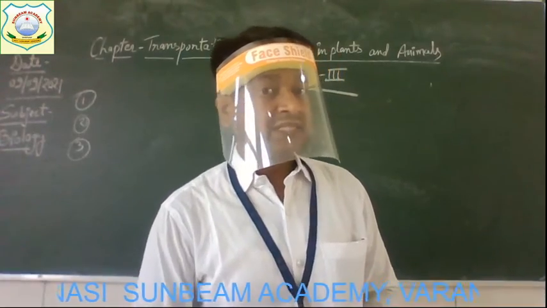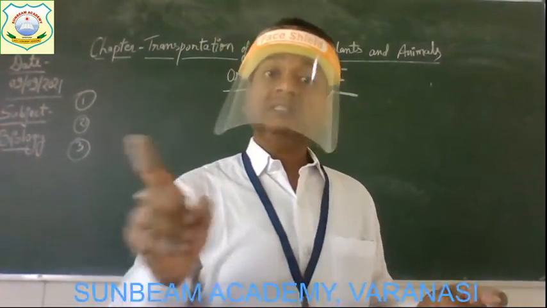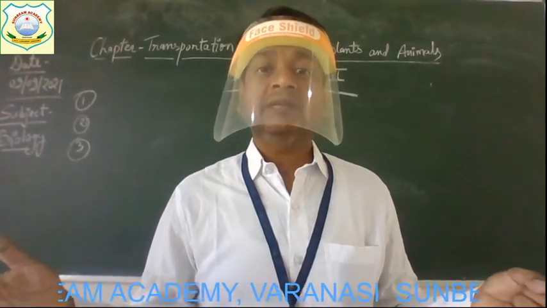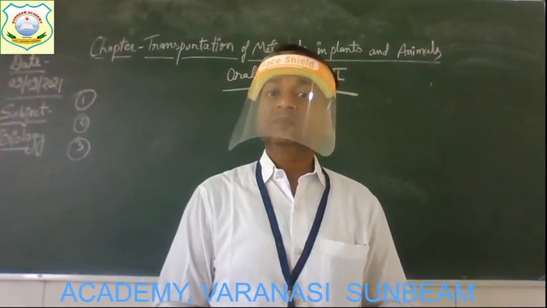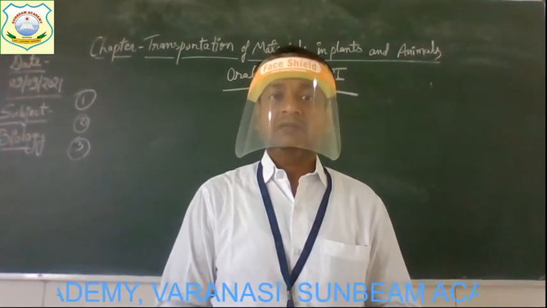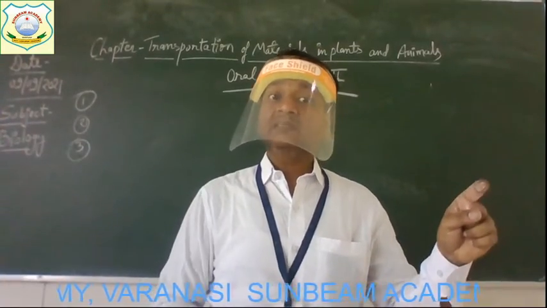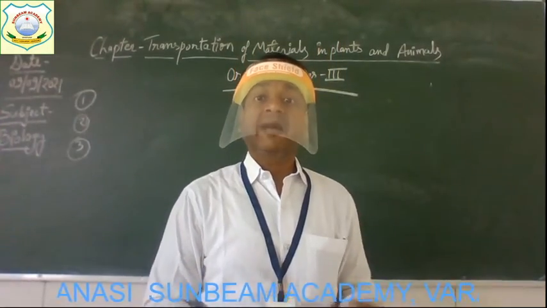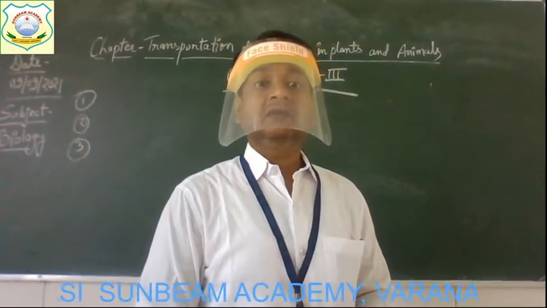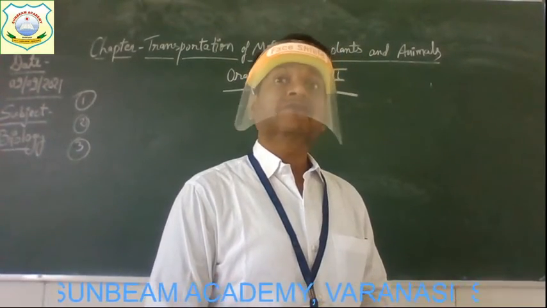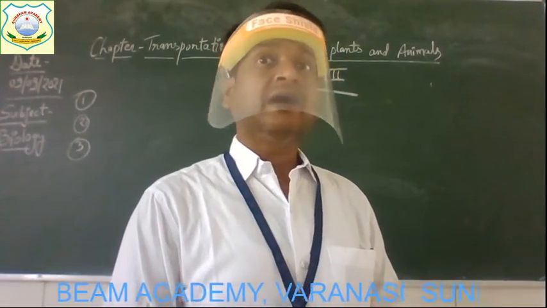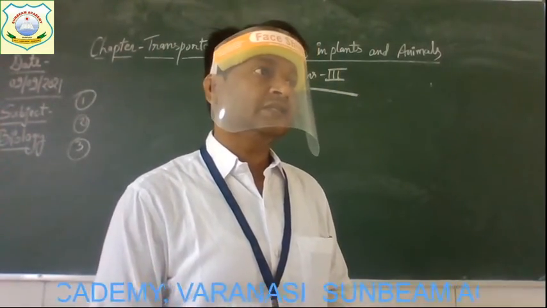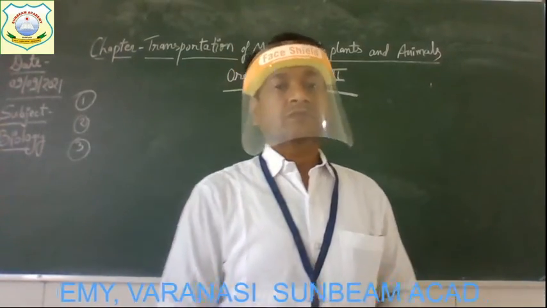So your answer will be no, I do not agree, because lower animals, meaning simple forms of animals, do not have any special excretory organ. In these animals the waste products are excreted by the process of diffusion through the body surface, like in the amoeba. So diffusion occurs, and no excretion process occurs. Get it?